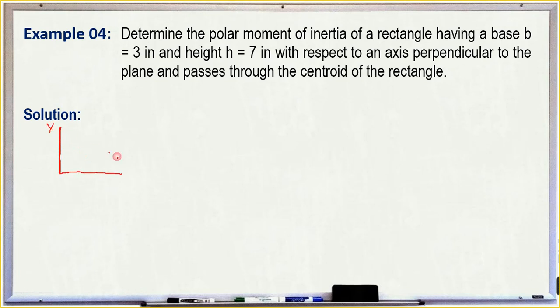Since the axis passes through the centroid, the origin is at the center of the rectangle. So this is our rectangle. The rectangle has a base B, and we have a height of h.